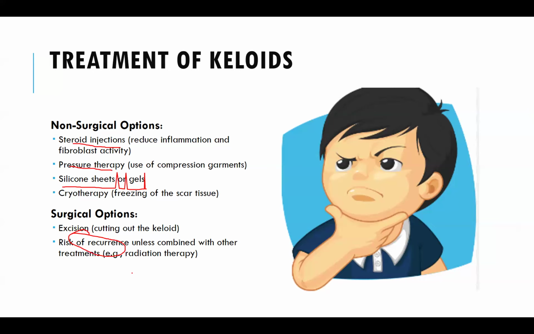So what we usually recommend, whichever modality you have used to take out this scar, you should go ahead and monitor this patient and continuously give intralesional triamcinolone in these areas such that you prevent recurrence. So at our clinic, we usually give on day 1 after the operation a triamcinolone injection.